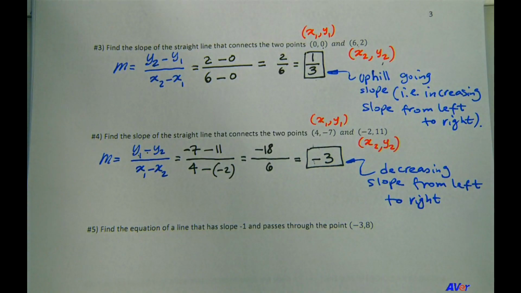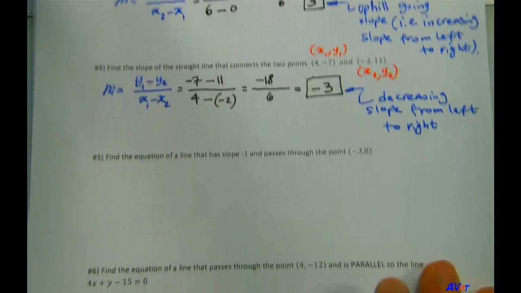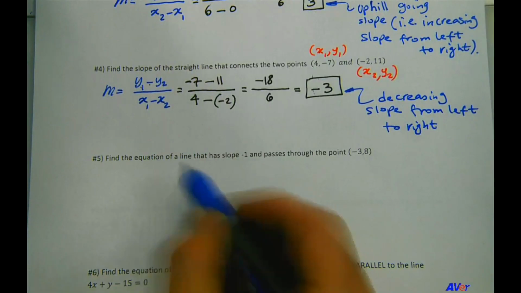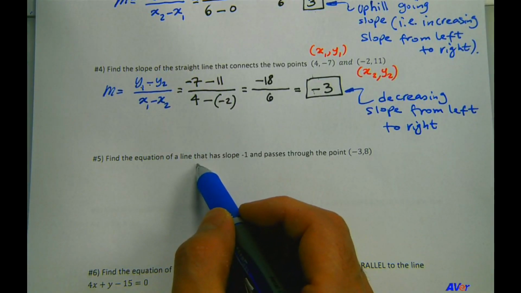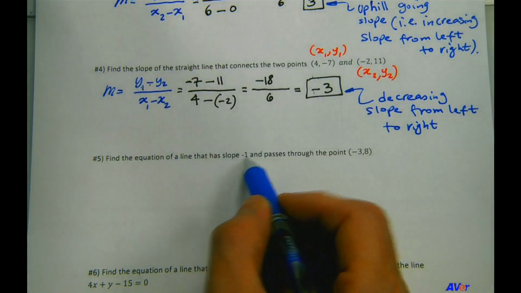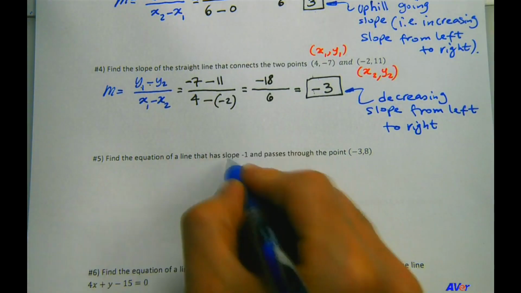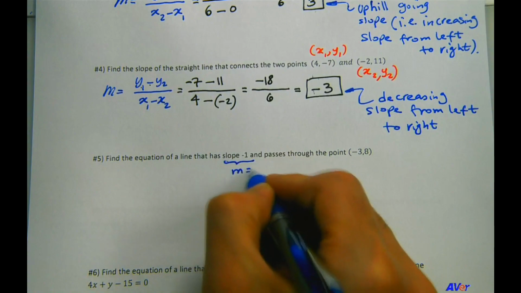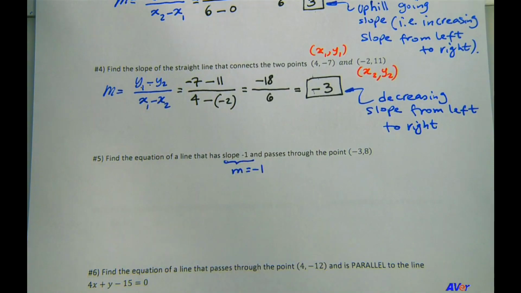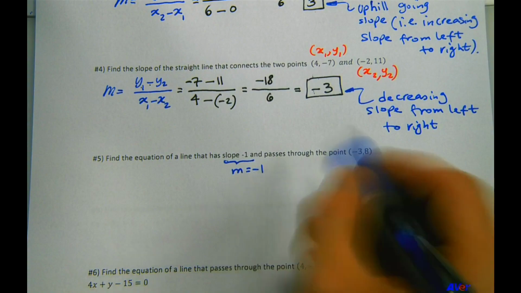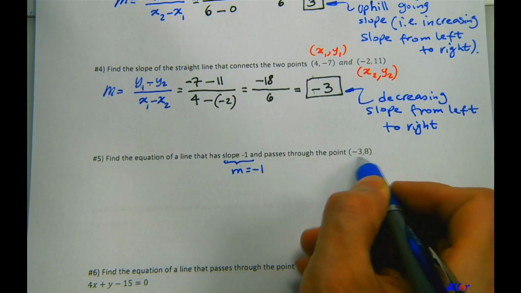Okay? All right. So this one says find the equation of a line that has this slope. So this is m, or this piece. That means m equals -1 in the equations we've been talking about, that passes through this point. Okay?